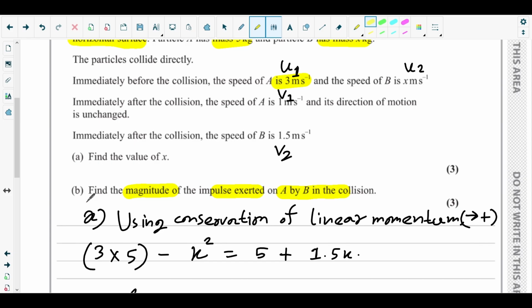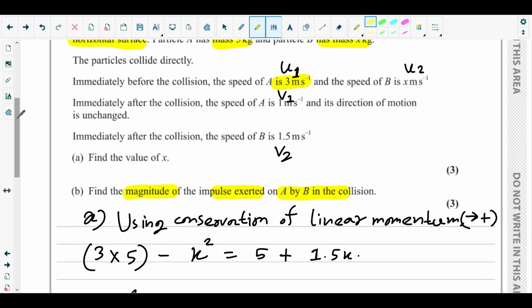So for this exertion of impulse on A, whose momentum will be changing? Definitely particle A's momentum will be changing, right? So who is applying the force? Basically particle B is applying the force.